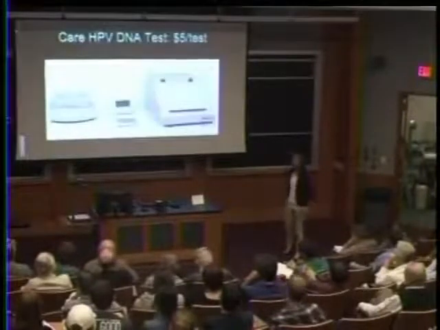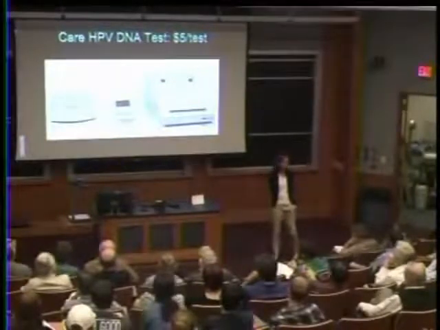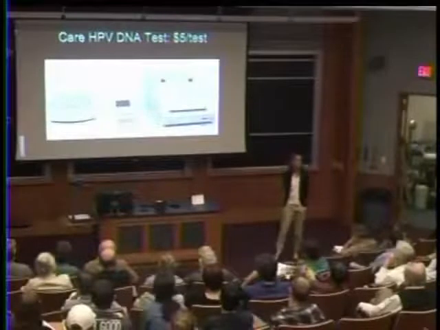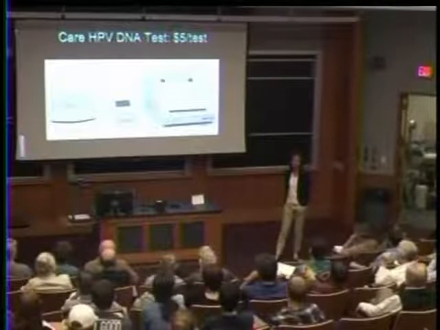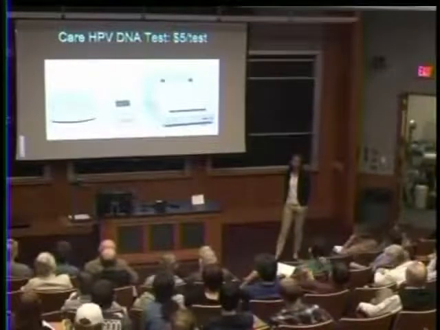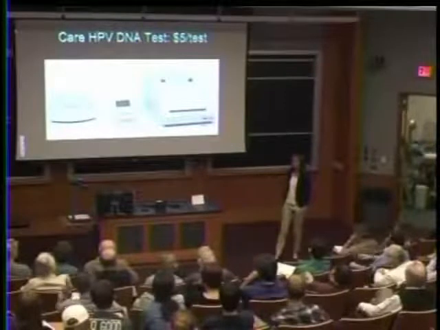The standard of care right now for doing that in the field is a test made by QIAGEN called CARE HPV. It was developed with funding from the Gates Foundation to provide an affordable test for low resource settings, and this is really the standard of care in poor places right now for HPV DNA testing.